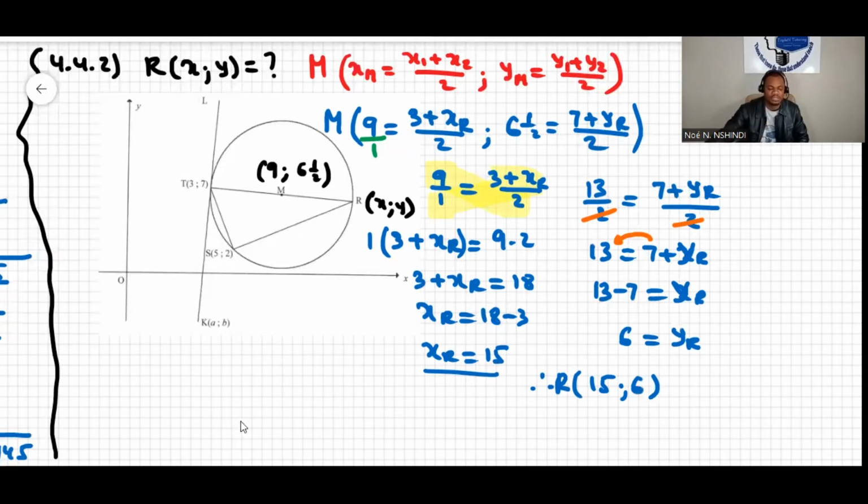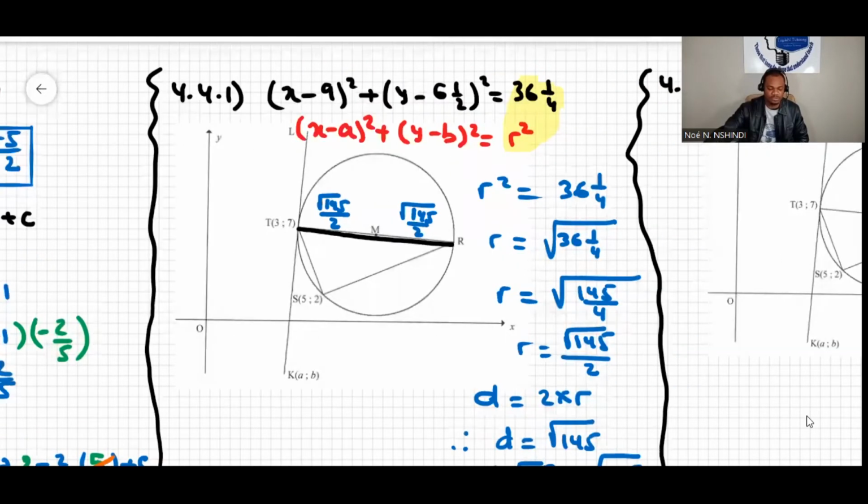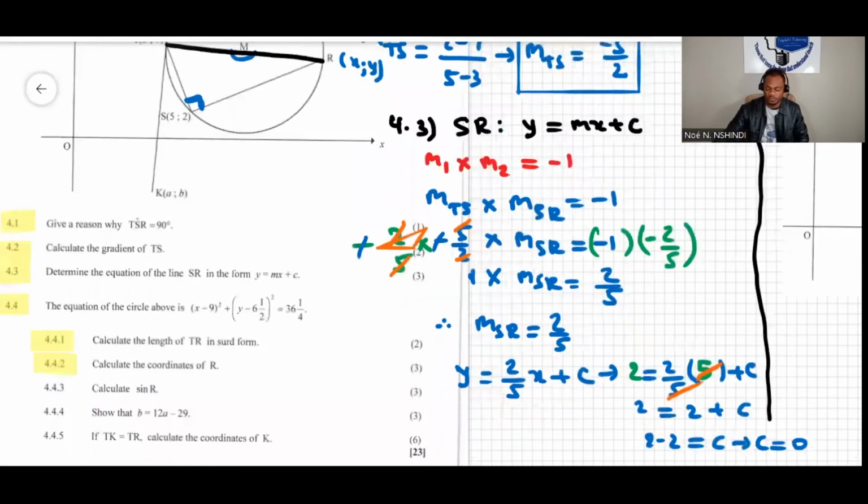Well, that's 4.4.2. Now, the next will be 4.4.3. The question says calculate sine R. Right.